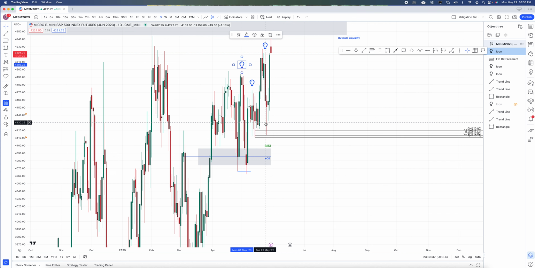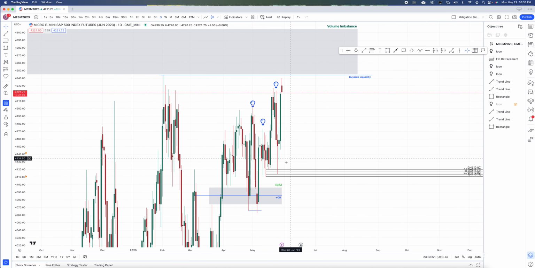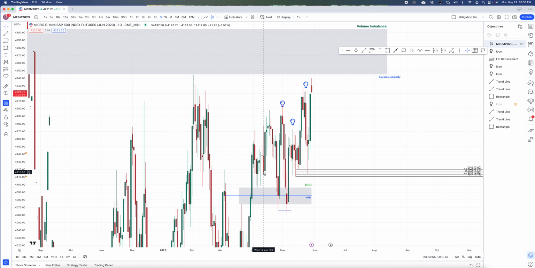Maybe you just wanted to analyze that and, if you were long down here, maybe your stop would still be below this low, and then now that you see price delivering higher, you would adjust your stop to a higher area.